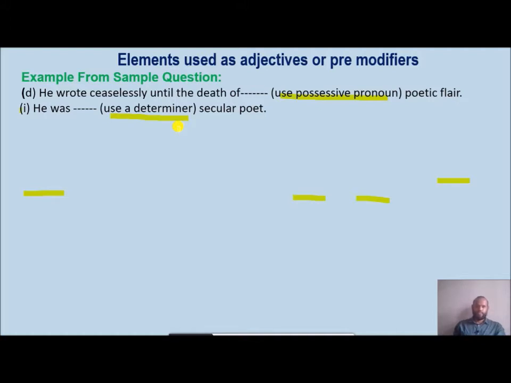So if we have clear ideas about the elements which are used as adjective, then it will be easier for us to solve the question. Okay, so let's take again some examples from the sample question.